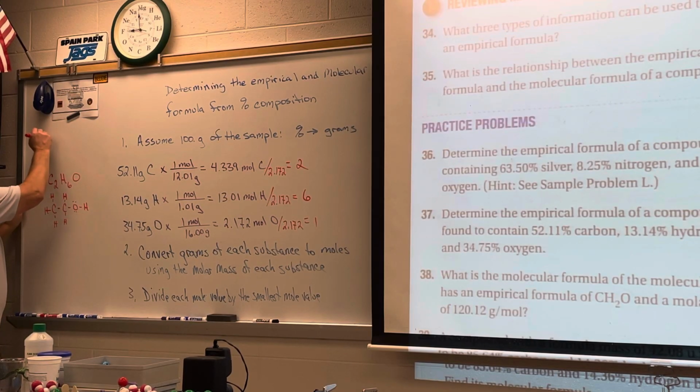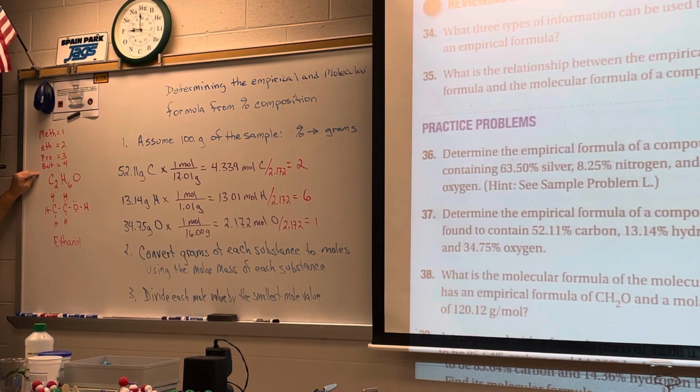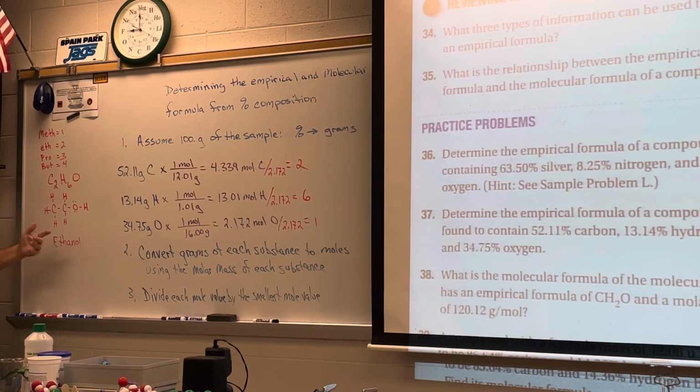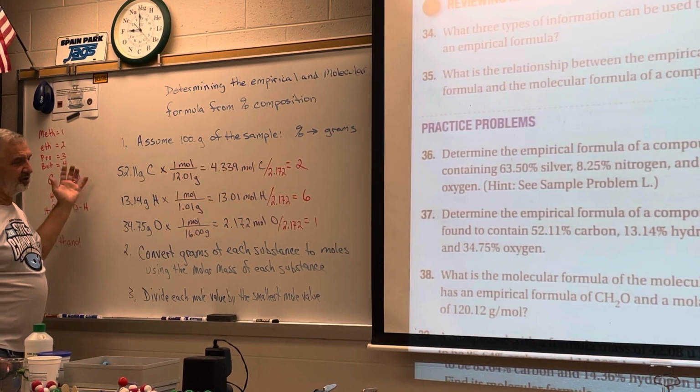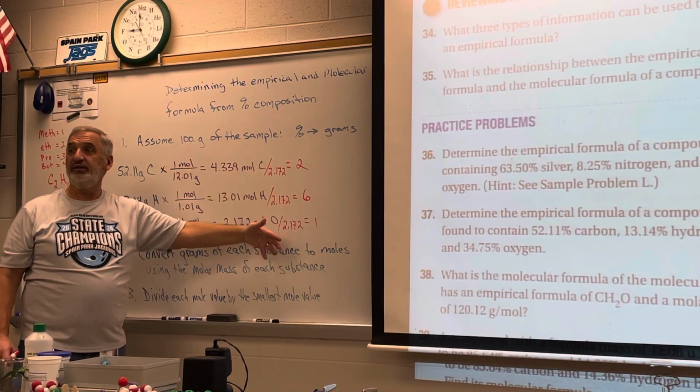And remember that meth is equal to 1, eth was equal to 2, prop is equal to 3, and but is 4. So this was the ethanol. We used methanol, ethanol, propanol, and butanol. Those were the 4 things that we watched evaporate. Okay, so we have this.